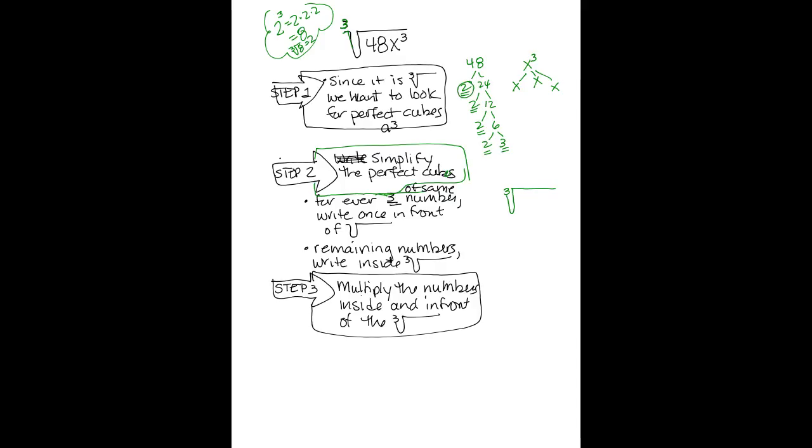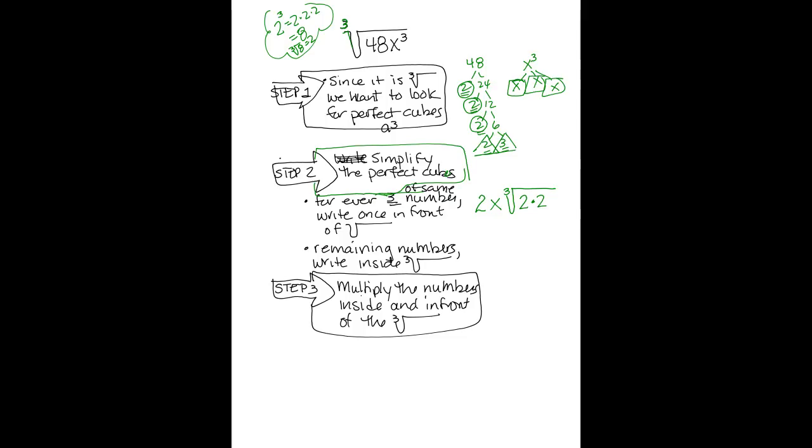So we have 1, 2, 3 2's, so I'm going to write that out front. We also have 1, 2, 3 x's, so I'm going to pull the x out in front. And what are we left with? We're left with a 2 and a 3, and that's what we'll put inside the cube root sign.